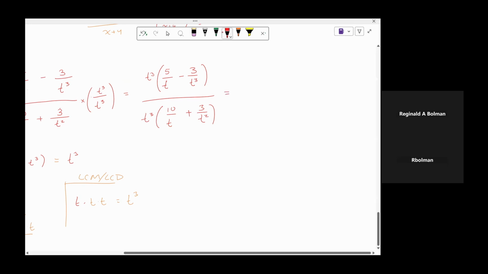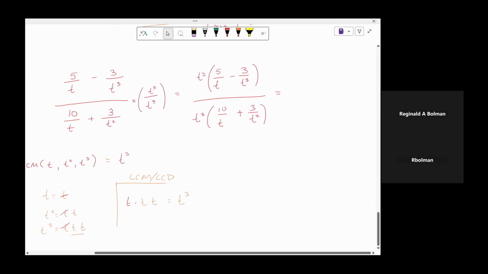So what we're doing now is we're multiplying the top and the bottom of our first fraction by this t cubed over t cubed, which at this point in time, while it might seem unnecessary, it's certainly not an illegal move because t cubed divided by itself is just going to be 1. So we've cleverly disguised 1 here as t cubed over t cubed.